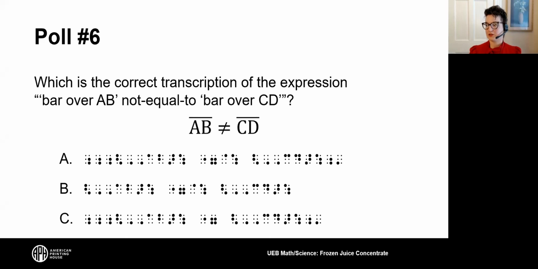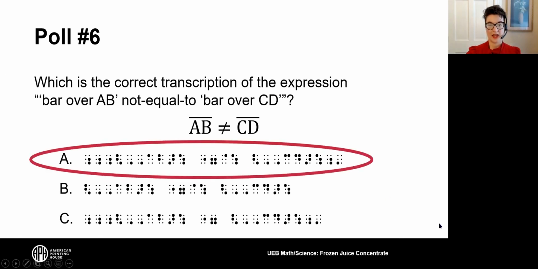So I see answers are 62% choosing A, still 29% at B coming in second, and just 10% chose answer C. So the correct answer is A. And the reason we need the grade 1 passage here is that our opening Braille grouping indicator has a grade 2 meaning, and that's GH.